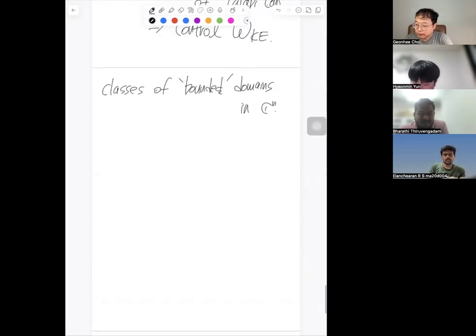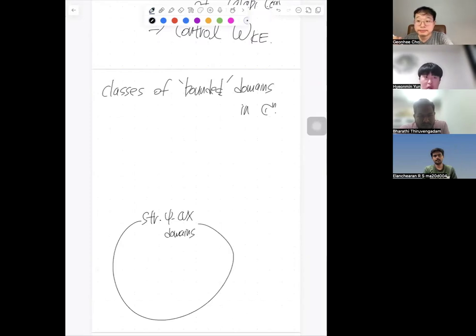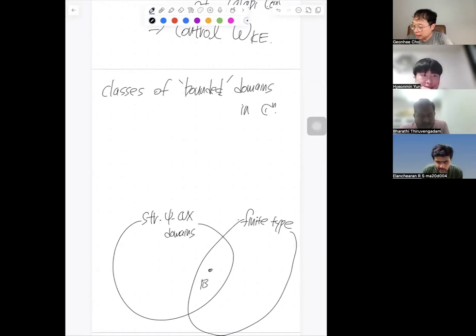Naively, if I draw, let me just assume all those boundaries are smooth for simplicity. So there are strictly pseudoconvex domains, which are already studied a lot. And there's also a class of so-called finite type domains, maybe probably here. And here is the complex hyperbolic space.